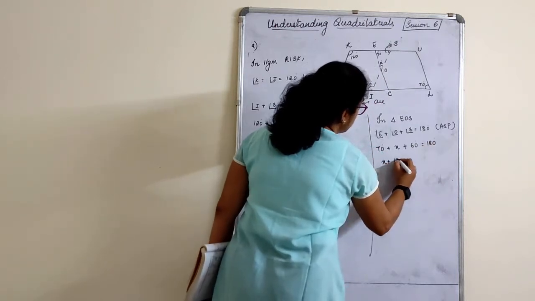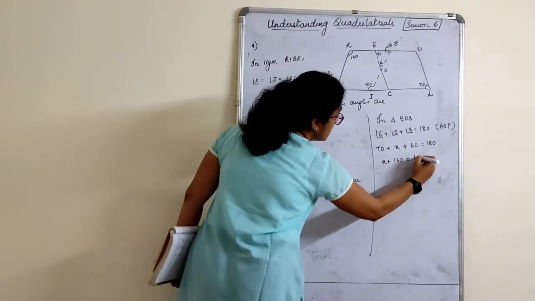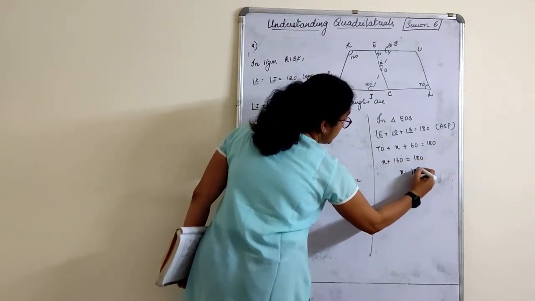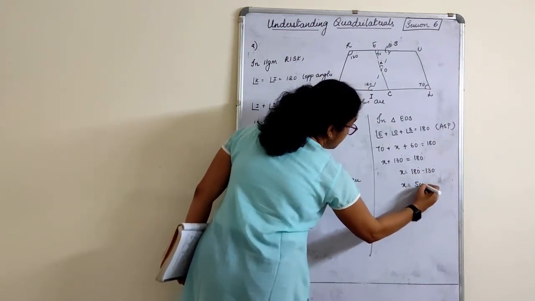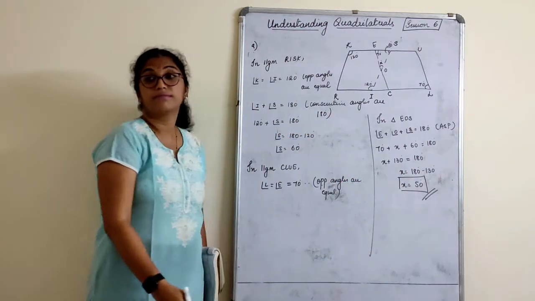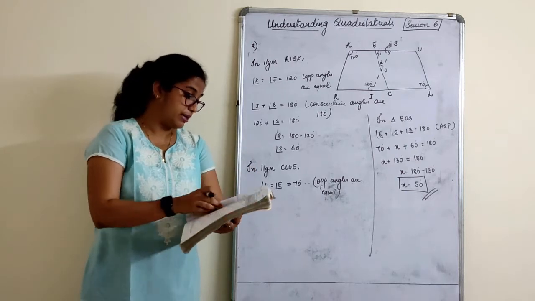So x plus 130, 70 plus 60, 130 is equal to 180. x is equal to 180 minus 130. x is equal to 50 degree. Right? So we need to just bifurcate the parallelograms.